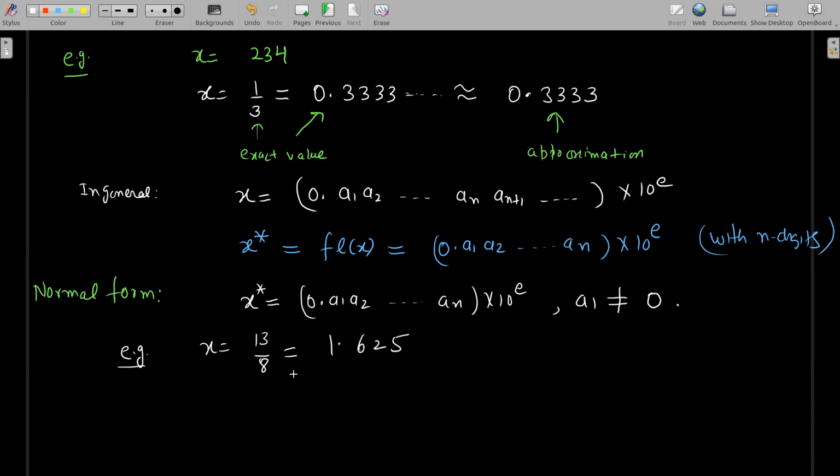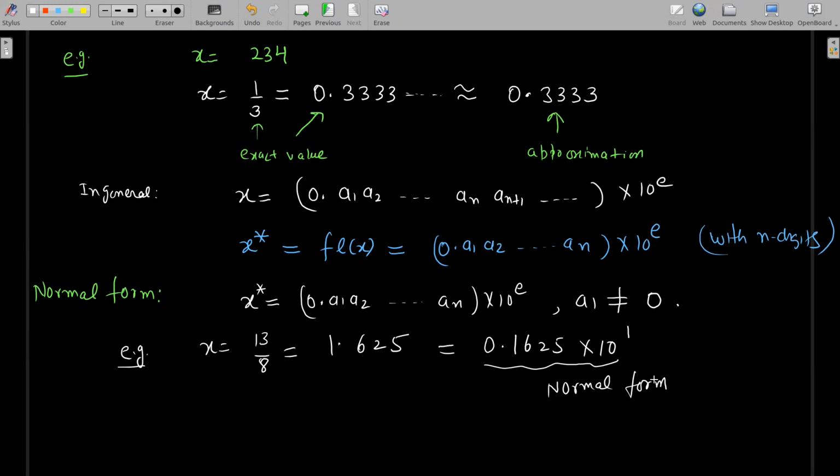So what is the normal form of this number? ये भी नॉर्मल ही हुआ। 0.1625 multiplied by 10 raised to power 1. So this is called normal form. Although we don't need this form later on, I have just defined it.